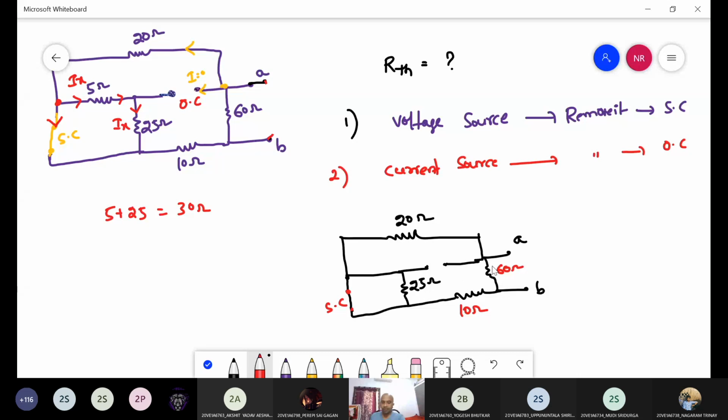Now here current from A point to B point. Current is started from A point only. Then current is coming here, I total. Then from this point actually current is supposed to be divided. So here some Ix, here some Iy.